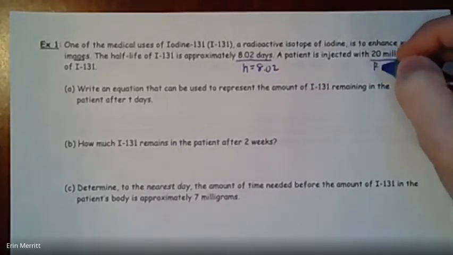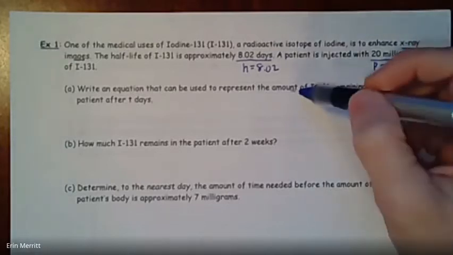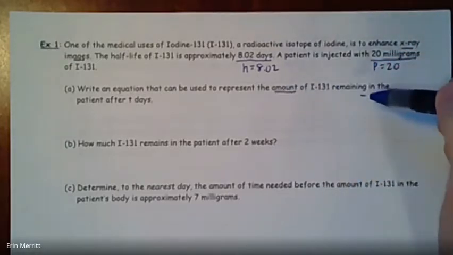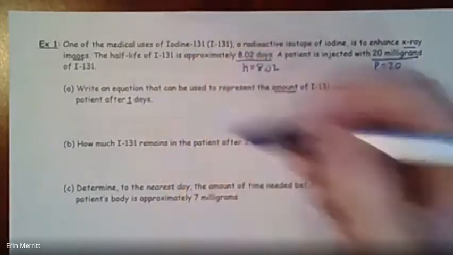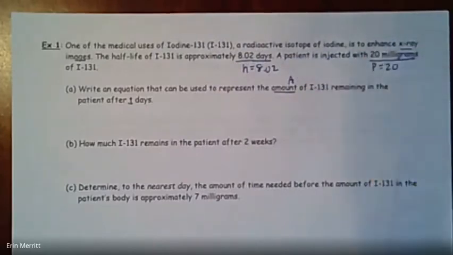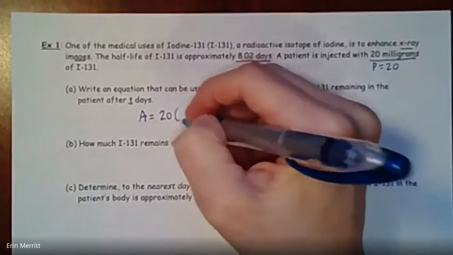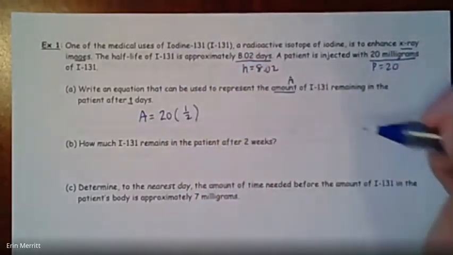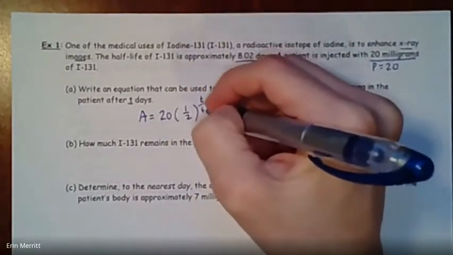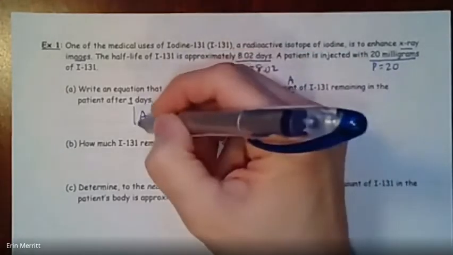That's how much we're starting with. And it asks to write an equation that can be used to represent the amount of I-131 remaining after T days. So we're going to keep A, keep T, plug in for H, plug in for P. So 20 and then times 1/2 raised to the t over 8.02. That's the equation.